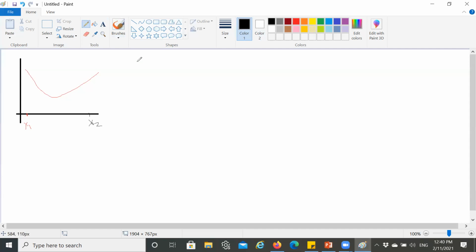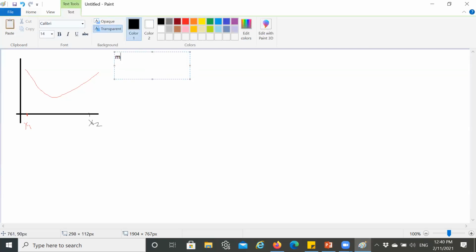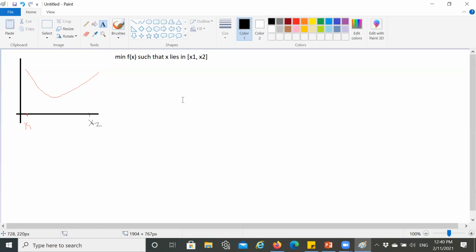So what I want to do is write: minimize f of x, which is that red function that I've written, such that x lies in the interval x1 to x2. Okay, is it clear? So this is what I want to do.